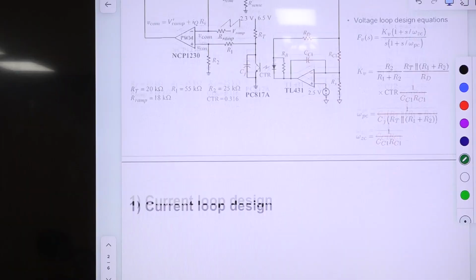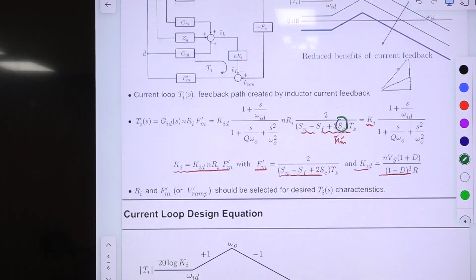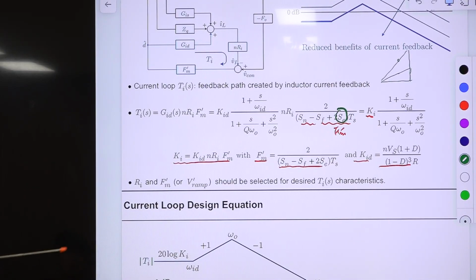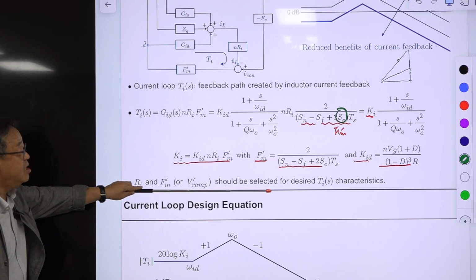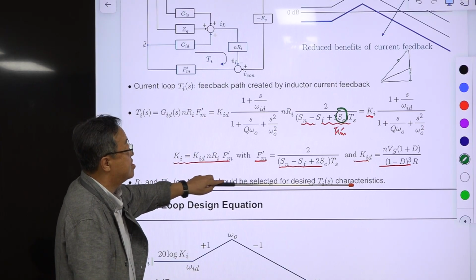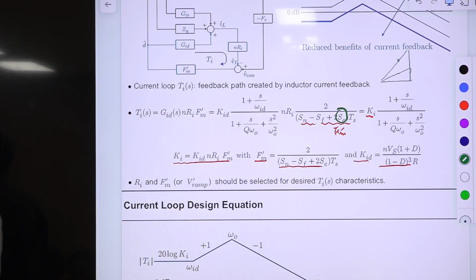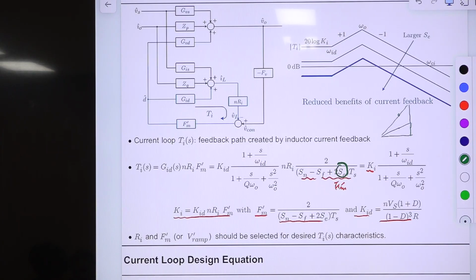Then Ri and Fm prime, namely V lamp prime, should be selected for the desired TI structure. The desired TI structure is actually fixed. It has this zero here and the double pole here.